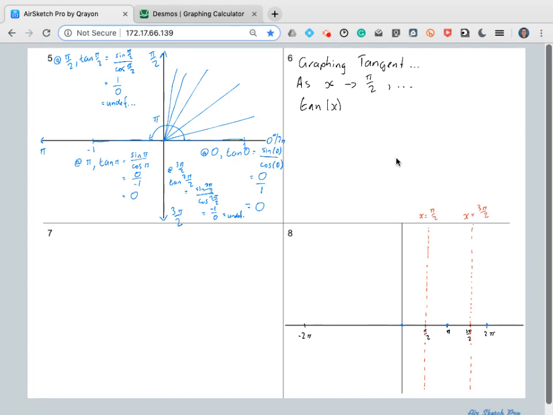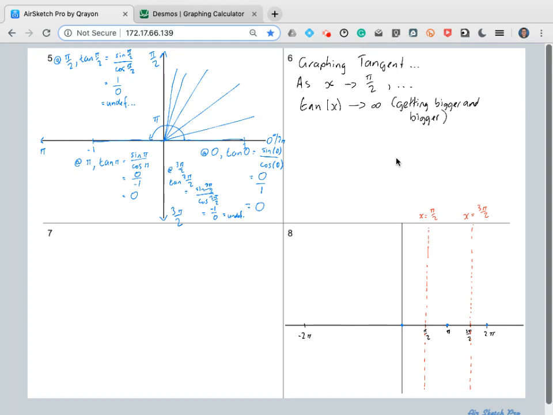So the steepness of the graph is getting more and more as we reach towards pi on 2. So what does that mean? It means that as x approaches pi on 2, the gradient is approaching infinity, getting bigger and bigger is really all that means.